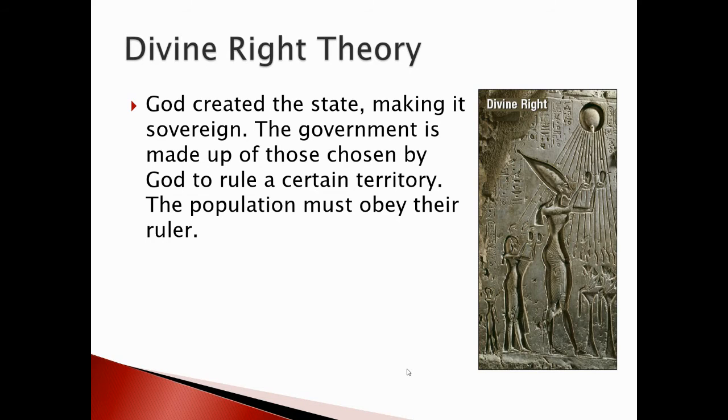Now, when we get into the 16, 17, and early 1800s, we go through a philosophical movement called the Enlightenment, where people began to question this theory overall. And they're just like, with the needs of the people, we need to set aside the divine right, and they began to challenge it.